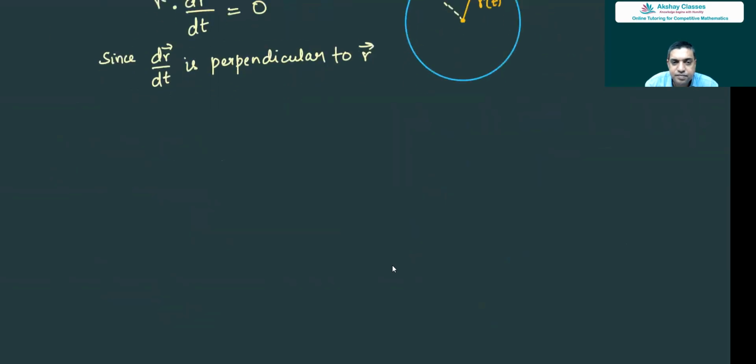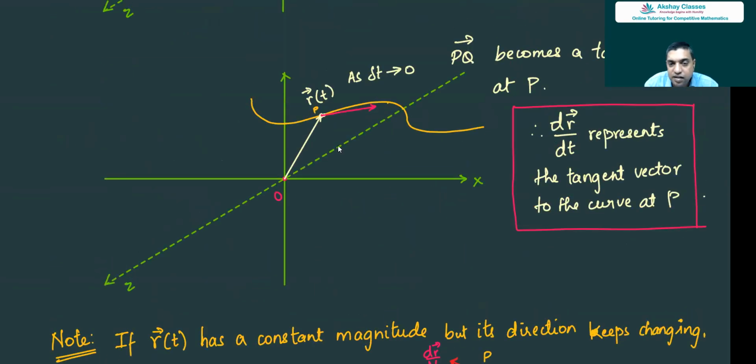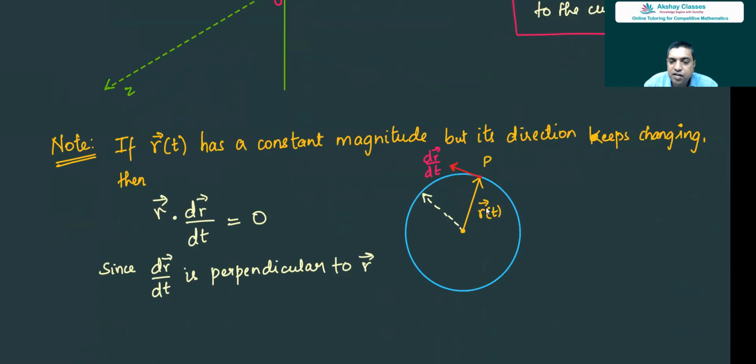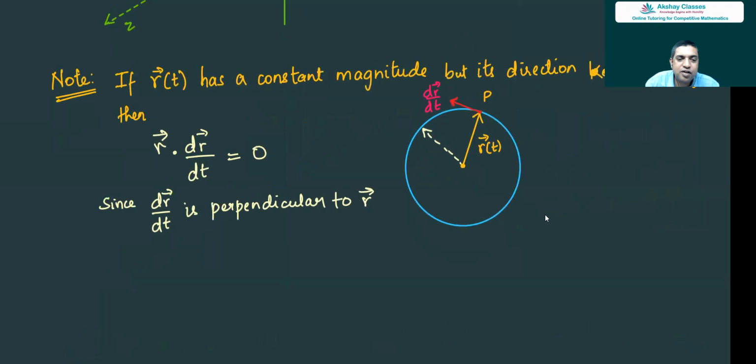In other cases it need not be so. The tangent is tangential to the path of the curve, but here the path of the curve is a circle, so the tangent will always be perpendicular to the radial line. Okay, this is number one.